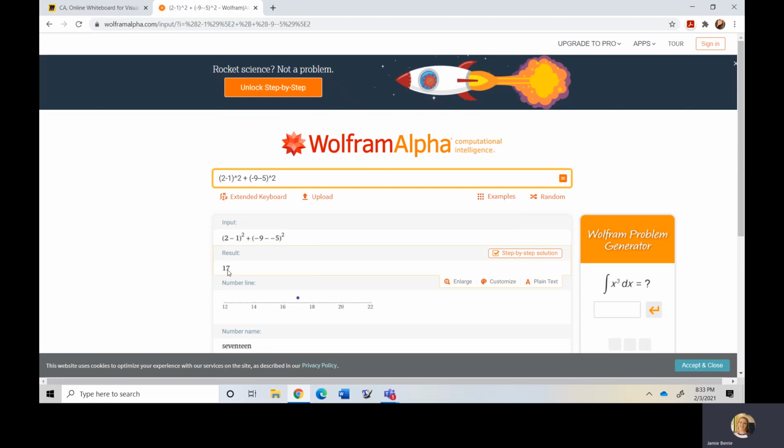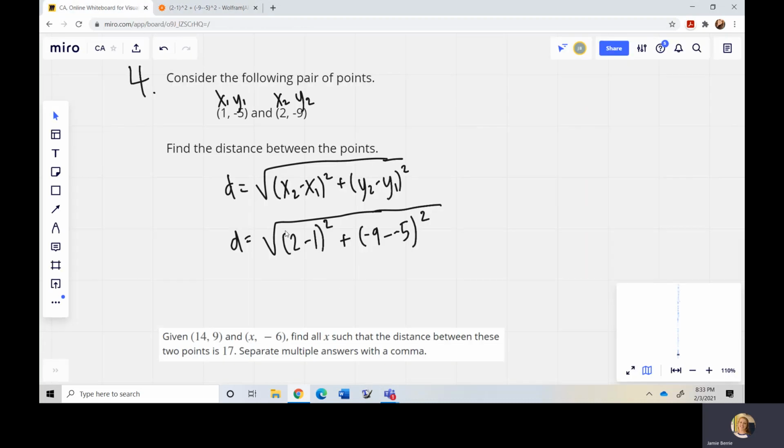All right, so that's 17. All right, so inside here all simplifies to 17. Remember, the inside of the radical is called the radicand. So that equals the square root of 17.